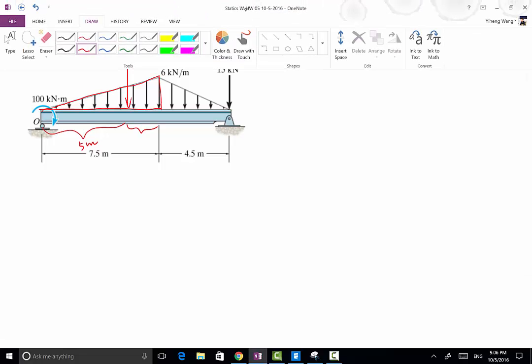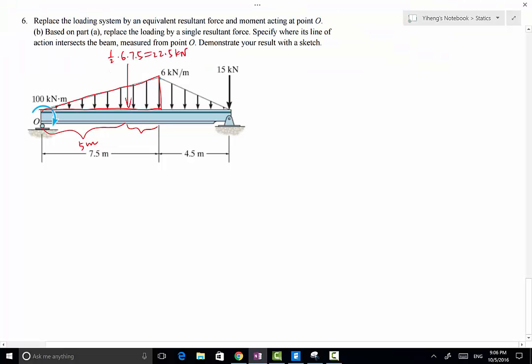And then we can replace the second one using a similar method, replacing it by a concentrated force. Its magnitude is, again, the area of the triangle, 1/2 times the base times the height, 6 times 4.5 meter in this case.